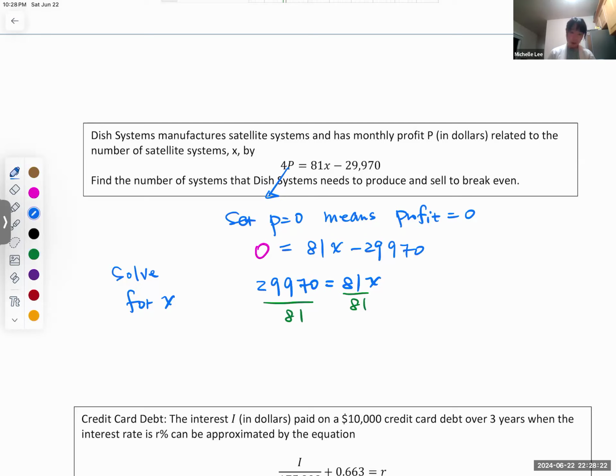Then x equal to 370. So number of systems. Yeah. So if we're selling 370, then they break even. And after 370, they make money, right?